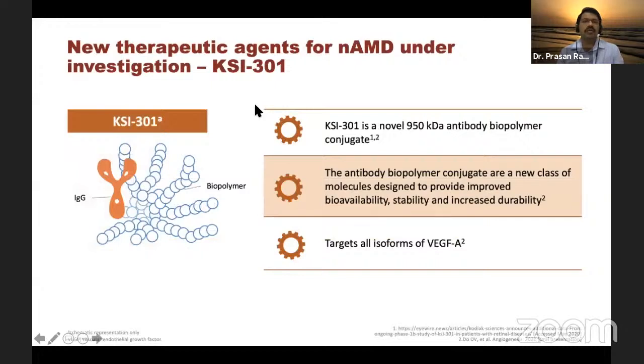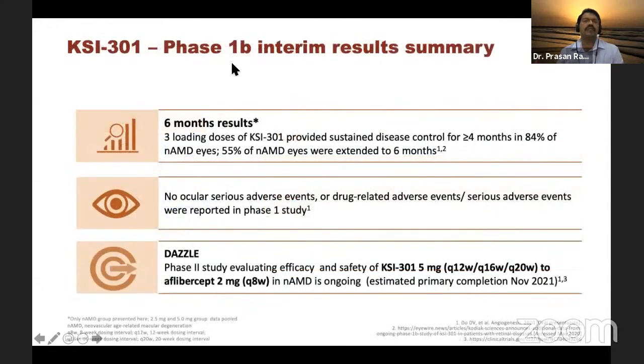The newer therapeutic molecule, KSI-301, is an antibody biopolymer conjugate, a new class of molecule designed to improve bioavailability, stability, and increase durability. It targets all isoforms of VEGF-A. Currently, this is a new medication, so only phase 1 interim results have been published.